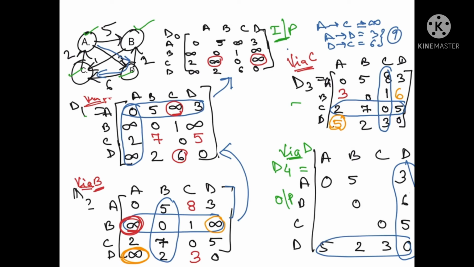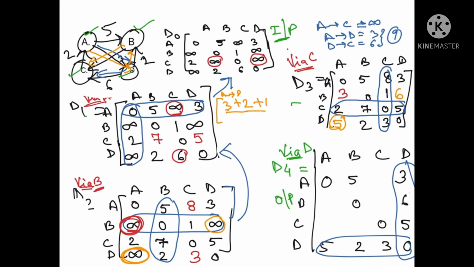Now what is the other way of going? A to D, that is 3. A to D is 3, D to B is 2, and then B to C is 1.